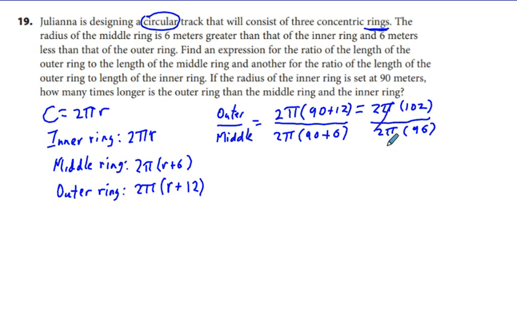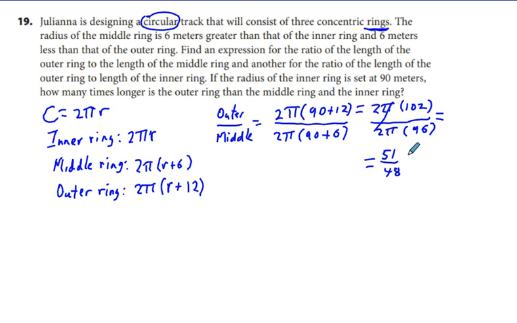And so what we have here is 102 divided by 96, which simplifying, I'm just going to work below here. That's going to be 51 divided by 48, or we divide that by 3.